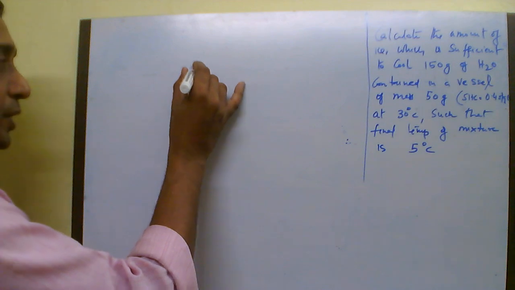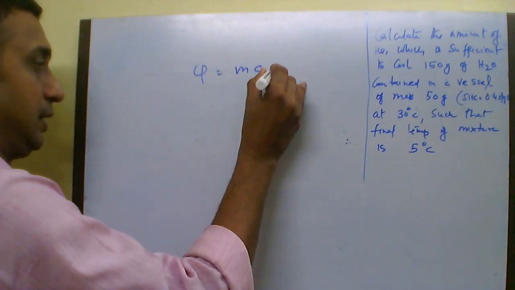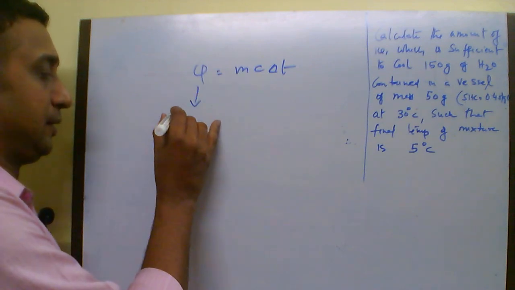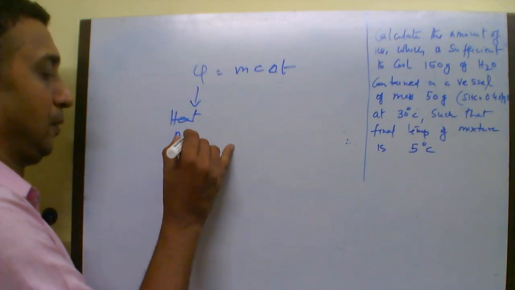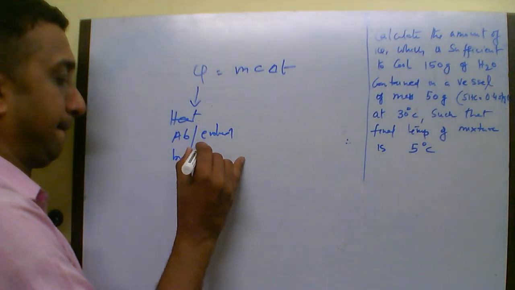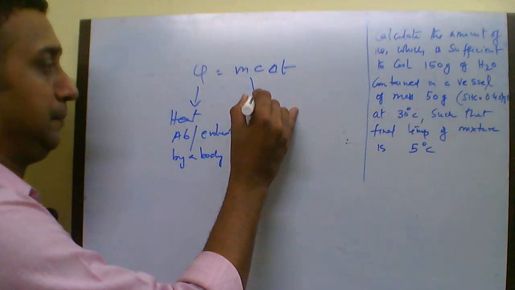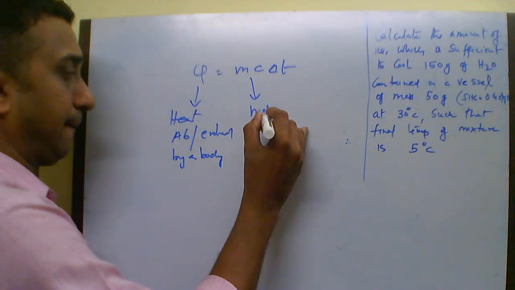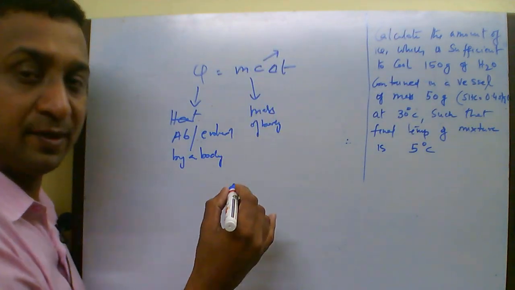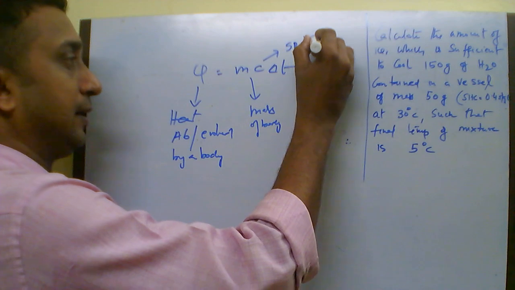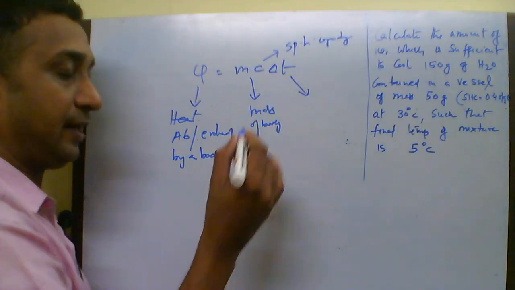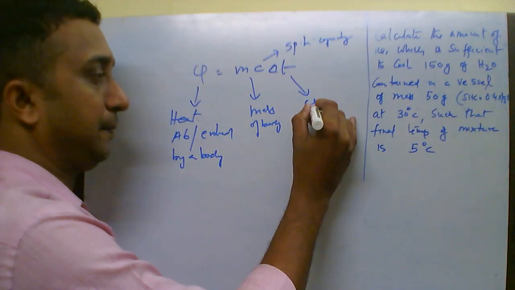First of all, let me write Q is equal to mc delta T. Q denotes the heat absorbed or evolved by a body. m denotes the mass of the body, and c is the specific heat capacity of the body, and delta T is the change in temperature which is happening.